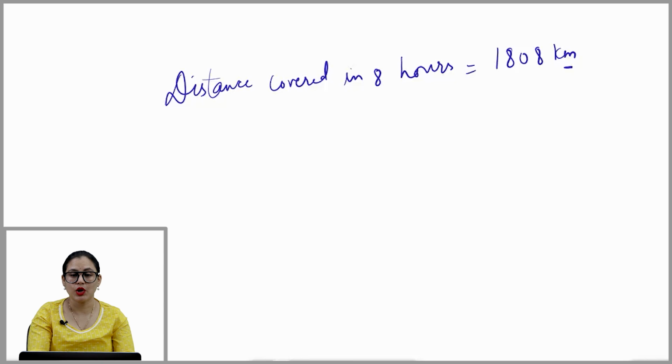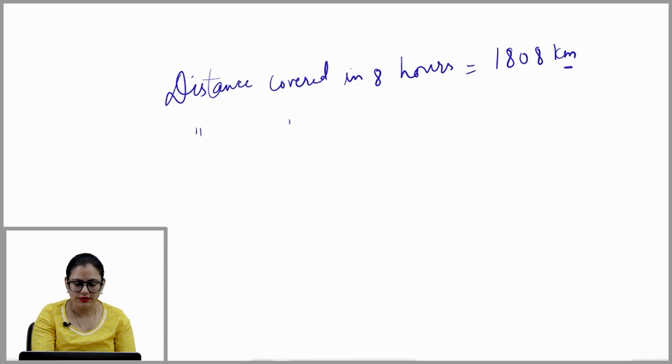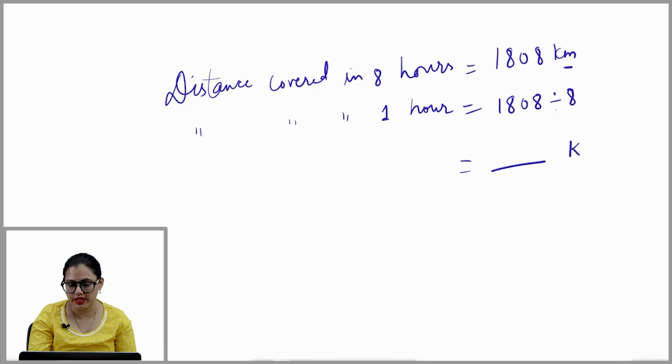Here kilometer is the unit of distance. So, distance covered in 1 hour, we will divide the distance, that is 1808, by 8. And in the answer we'll write kilometer.